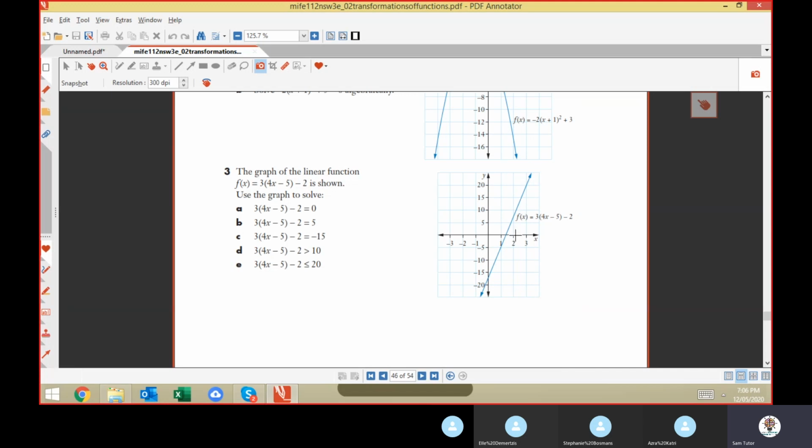So after 2.1. So instead of saying x is equal to 2.1, you just say x must be greater than or equal to 2.1. If it said less than or equal to 20, again you find 20, which is 3, and then you're just going to say, therefore x is less than or equal to 3. That makes sense, right?